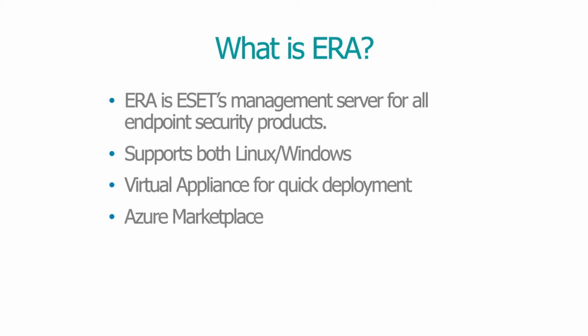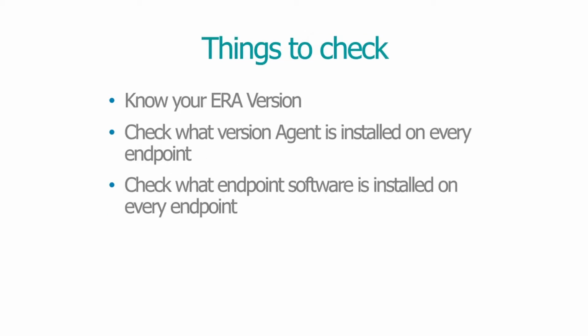But the management server manages all of the ESET endpoint products from a single web-based console. Some things that you want to check is you want to know your ESET Remote Administrator version. So you can check this by clicking the About button at the top right of your ESET Remote Administrator server.